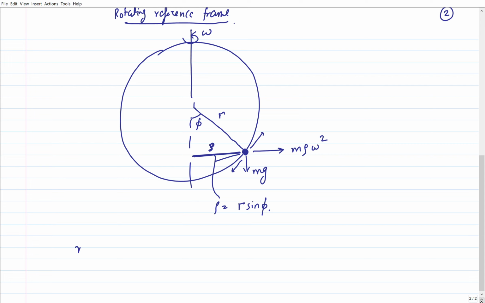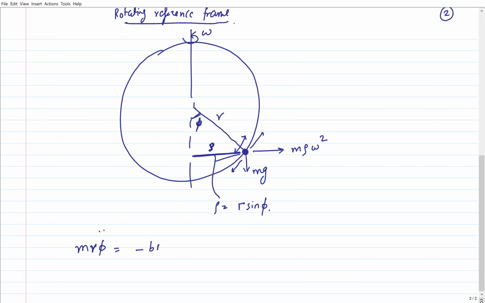I have this r, so I'll just label it r. What is it equal to? The phi double dot is the acceleration in this particular direction, the rate of change of the angle phi, which is in the tangential direction.